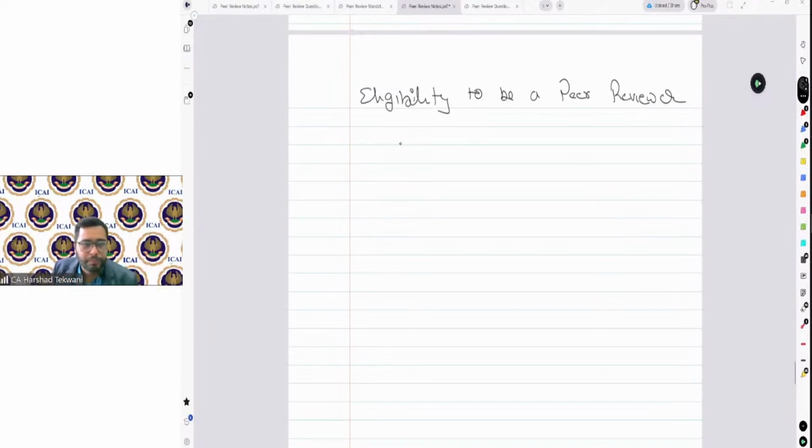Number one, a chartered accountant who wants to be eligible to be a peer reviewer needs to be a member in practice first of all.